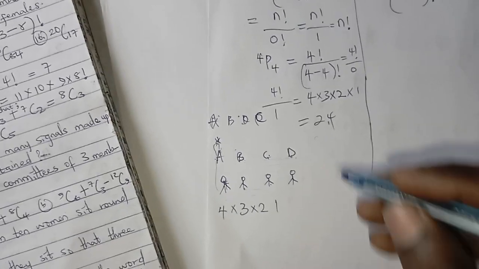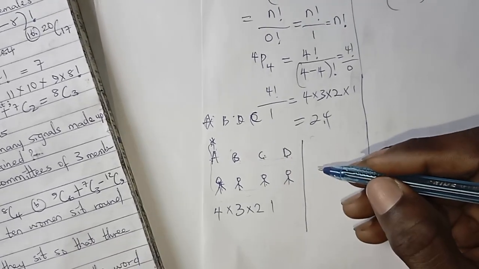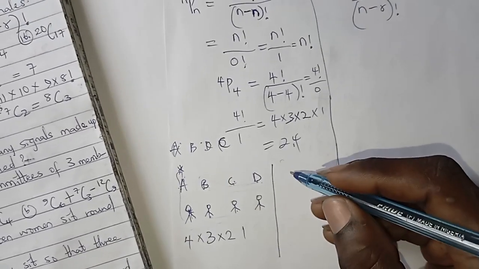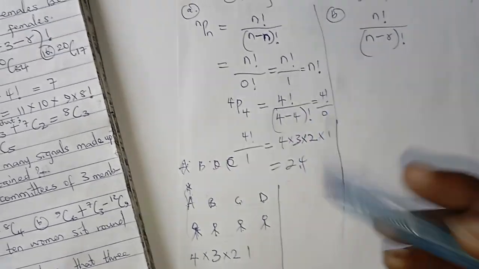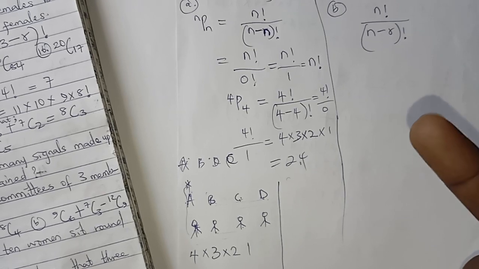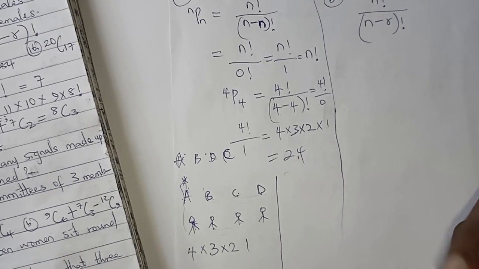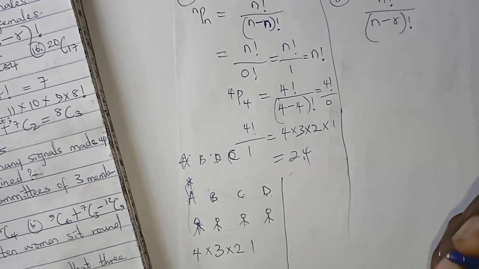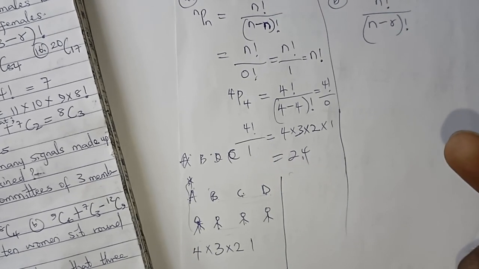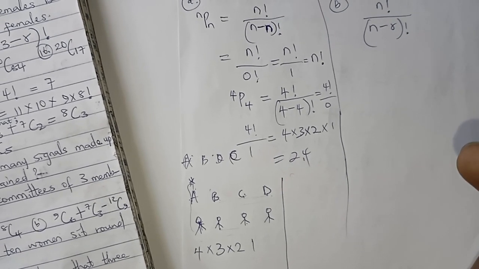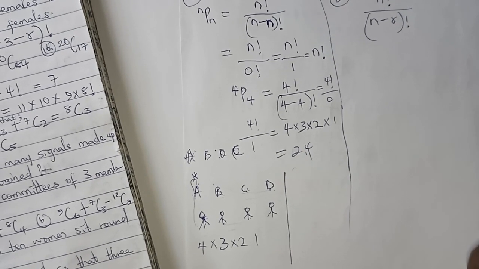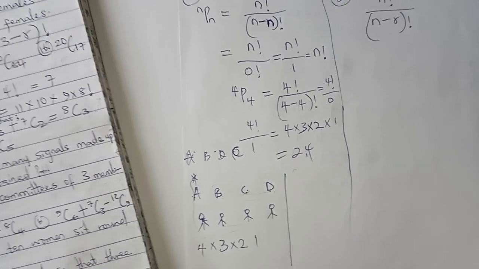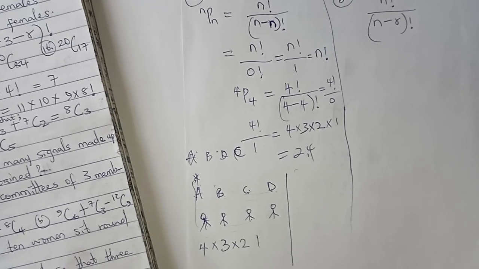Now let's say, for example, we are asked to arrange, out of these 4 books, that we should arrange 2 or pick 2. Let's say they say, in how many ways can 2 persons share the book or arrange the book?